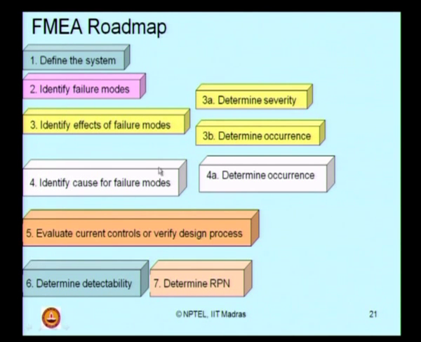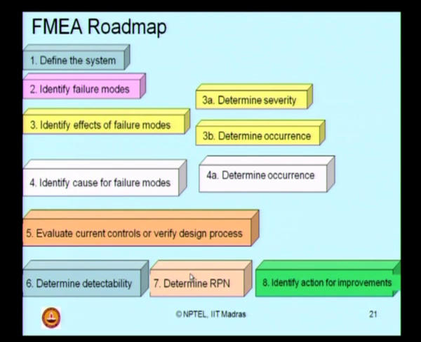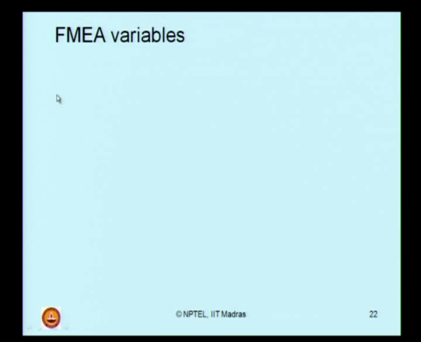So remember that the qualitative features of failure mode are now slowly getting converted into quantitative numbers by means of what I call the risk priority number. Once you get an RPN, then identify the action for improving the risk involved or the hazards present in the system.